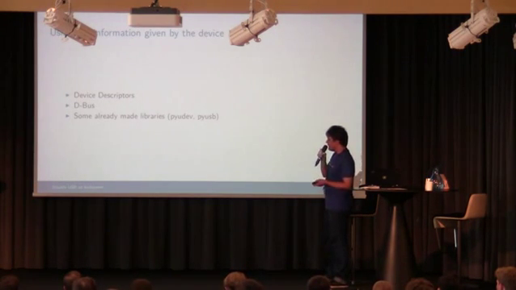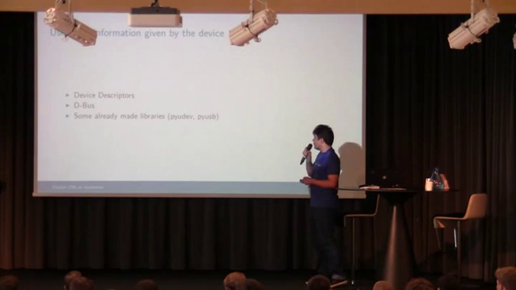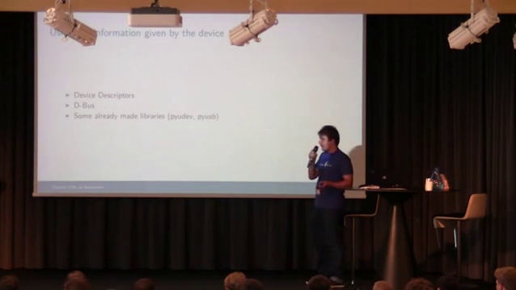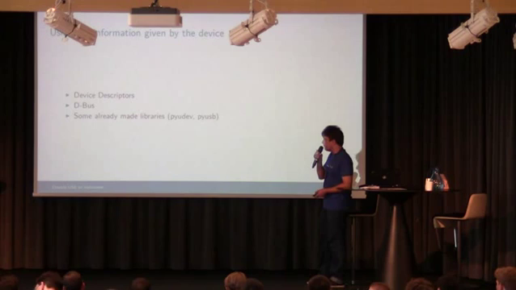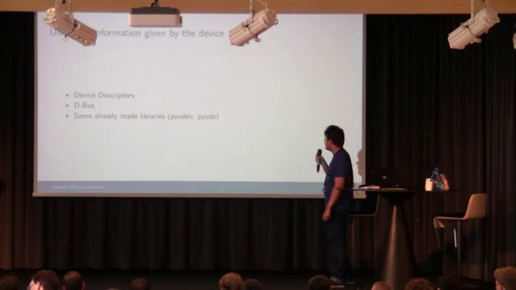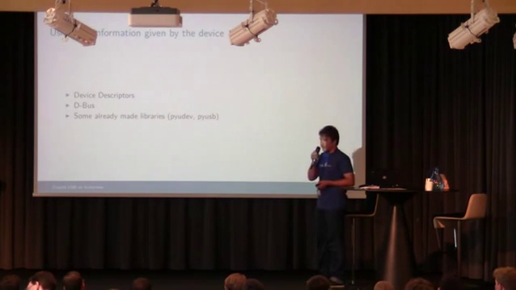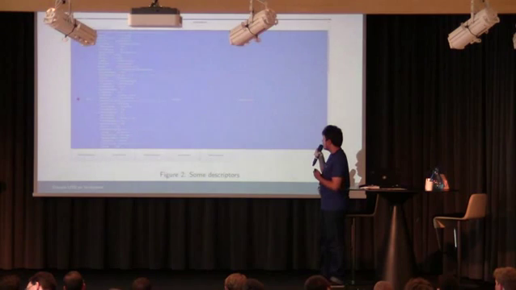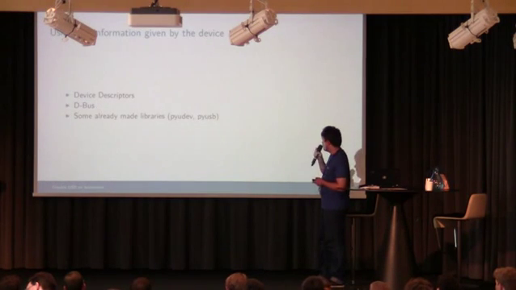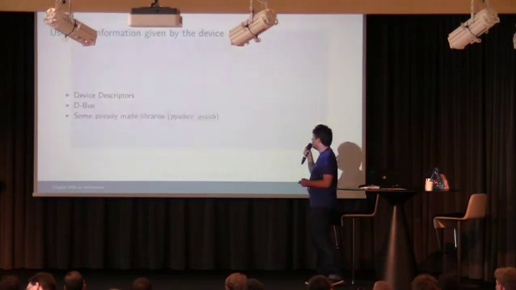When I connect a device, I ask for some information about that device, I ask Linux about the information it cached, and then, based on that, I decide whether to bind the driver to that device or not. And for the device descriptors, I use PyUSB.